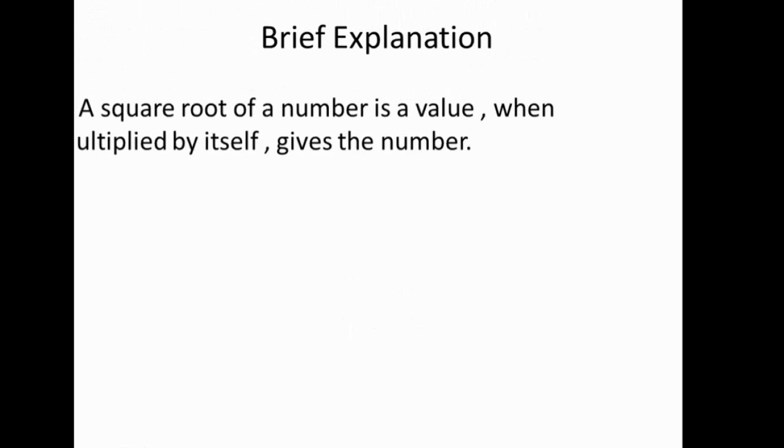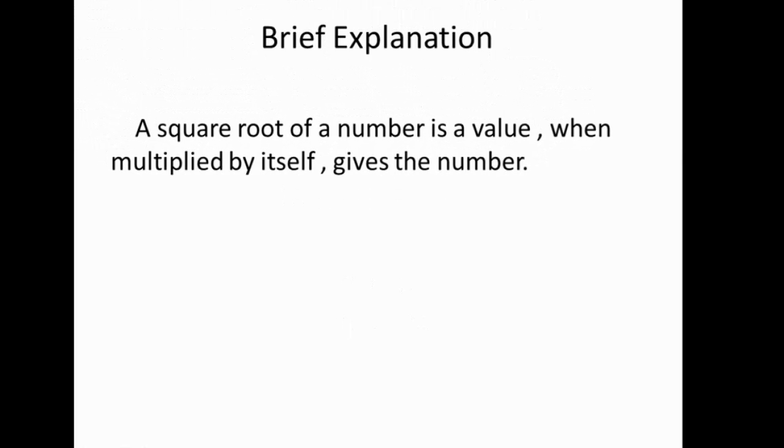Let's move on. There is a brief explanation about square root. It says a square root of a number is a value which, when multiplied by itself, gives the desired number. So it means whatever the two numbers are, they are multiplying themselves.